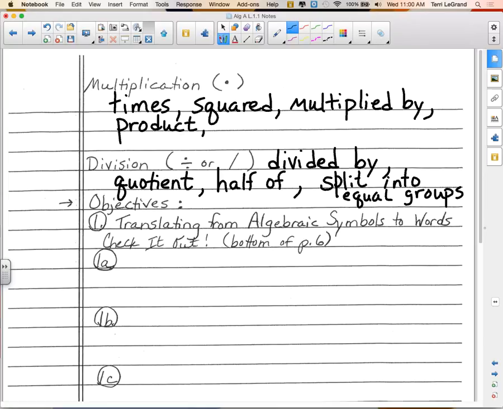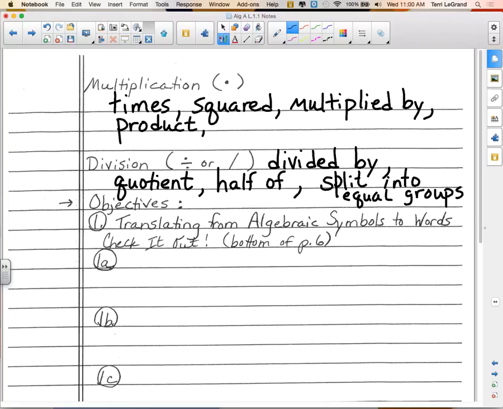What if I take 5 times 10? I still get 50. So does multiplication care what order it is? No. Does addition care what the order is? Is 5 plus 10 the same as 10 plus 5? 5 plus 10 is 15. 10 plus 5 is 15. Addition doesn't care. So which operations care about the order that you do it in? Division and subtraction. Those are the fussy ones.